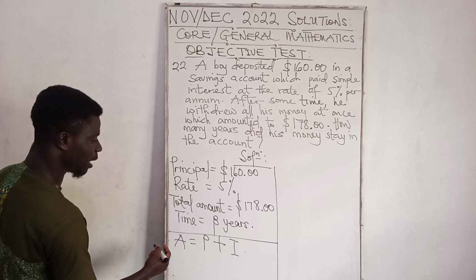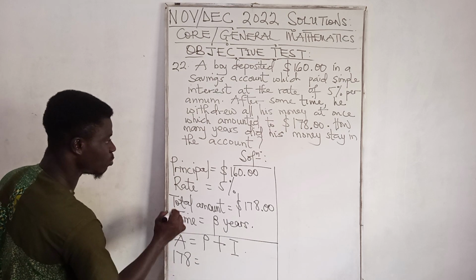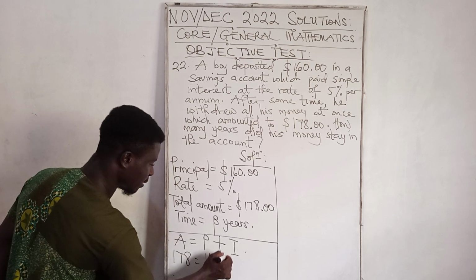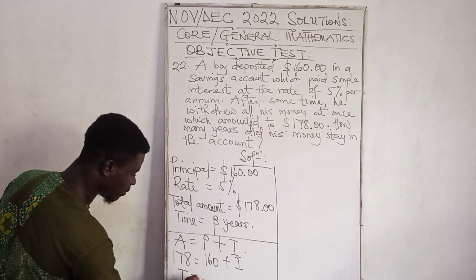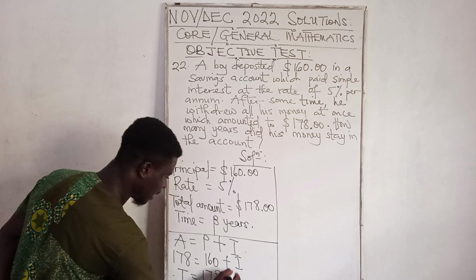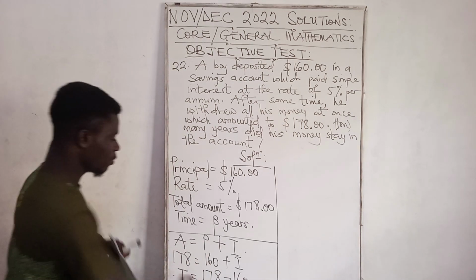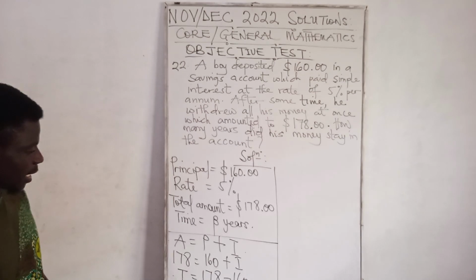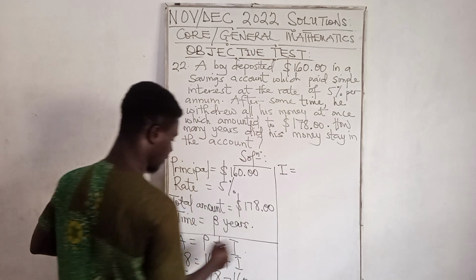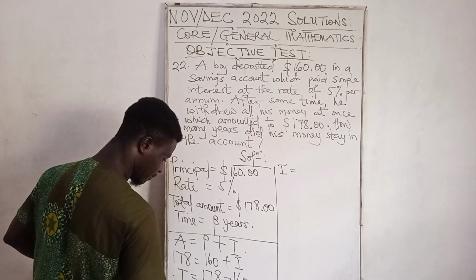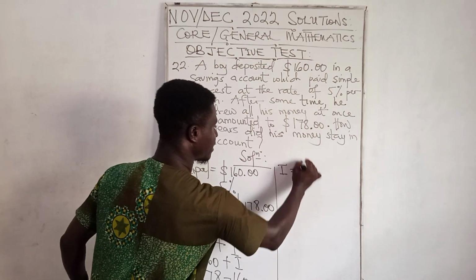My total amount, which is 178, must be equal to my principal 160 plus my interest. So I can write my interest being equal to 178 minus 160. 160 crosses the equal sign to become negative. So I get my interest, which is equal to 178 minus 160. I get $18.